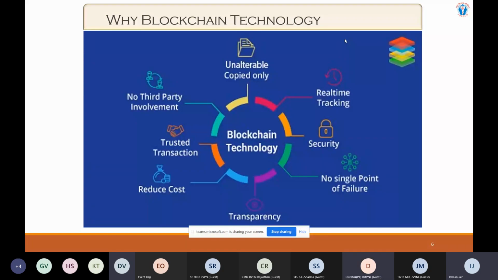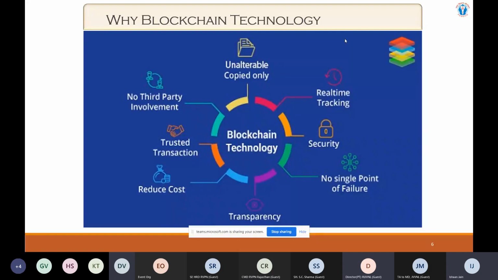There will be no single point of failure, because in case you are connected with a centralized agency and some mishap happens, you can consider a grid operator, a load dispatcher, or a central banking system, and some cyber attack occurs, then everybody is affected because there is a centralized network.